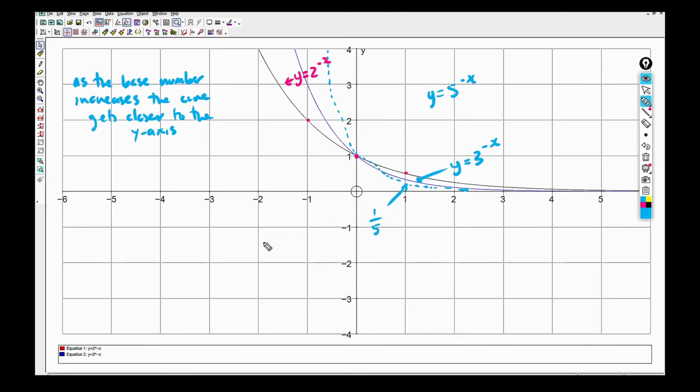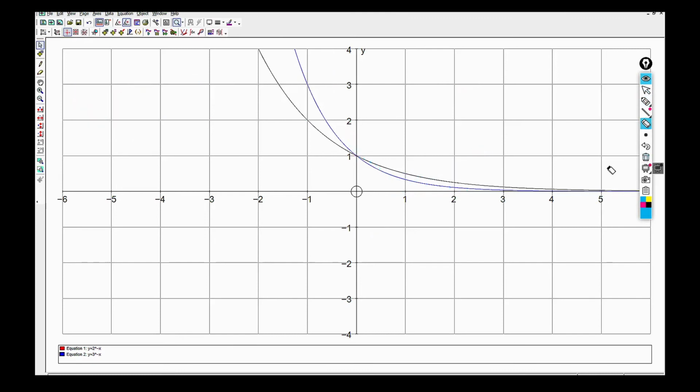Now, the next thing we move on to is what happens if your base number goes below 1. As we said, it flipped in the previous example when we had positive powers. So let's have a look at what actually happens with this. Let's get rid of the blue equation.